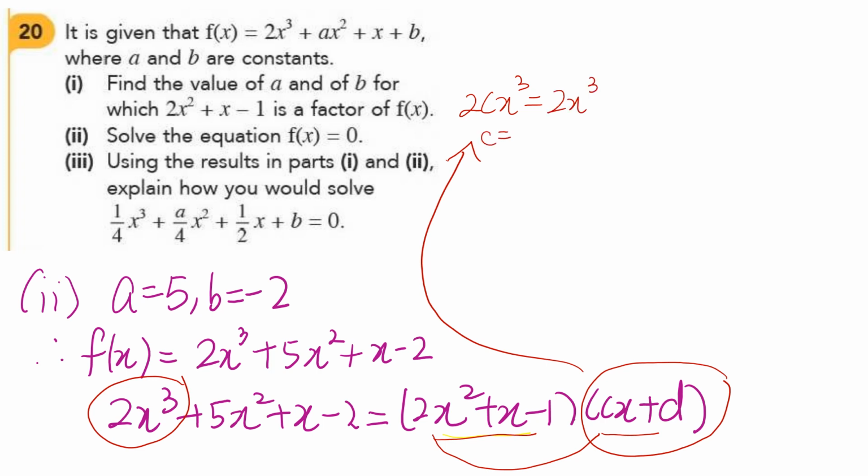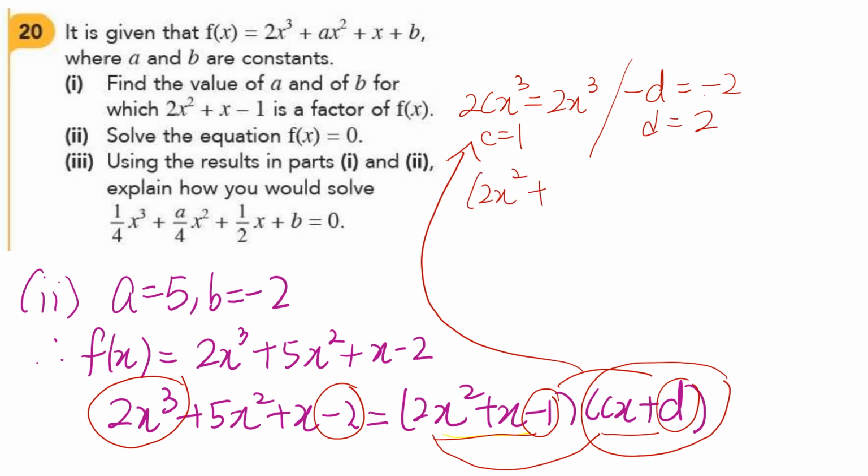So c will be 1. Then the last term will be just negative 1 times d, gives you negative d, gives you the constant term on the left, sorry, which will be negative 2. So d is 2. Right, so we put everything back. You will have 2x squared plus x minus 1 multiplied with x plus 2 equals to 0.